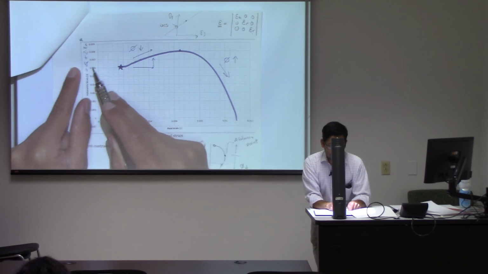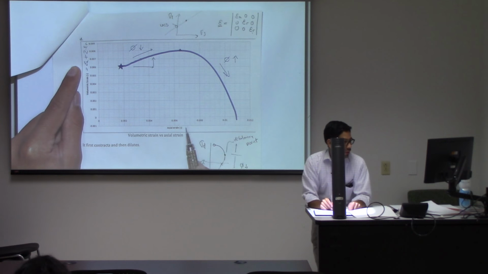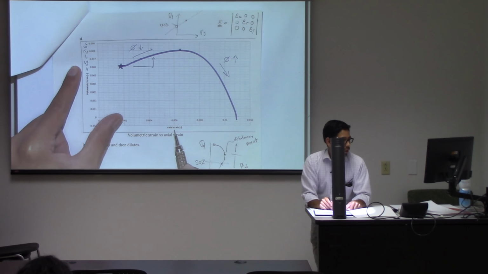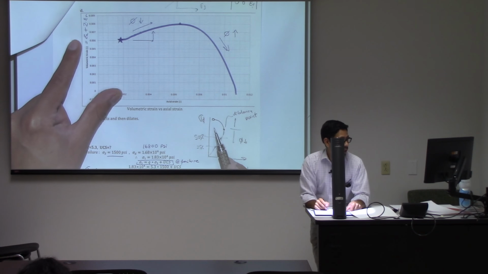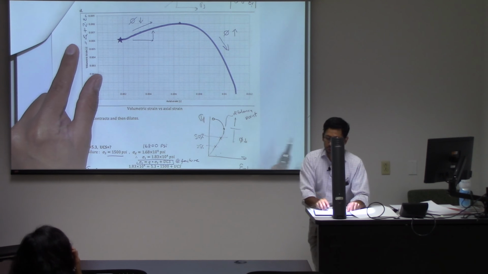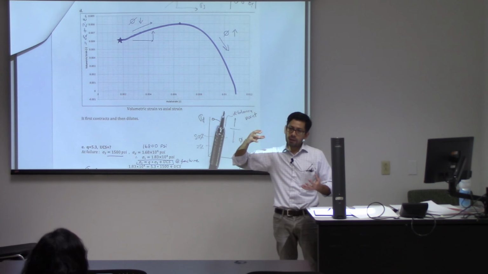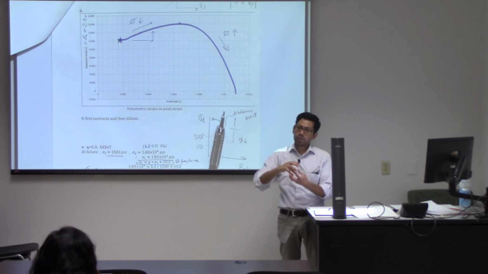When you plot the volumetric strain as a function of either the axial strain or, as in this case, the deviatoric strain, you will see that in many of these triaxial tests, when you start compressing the sample, the volume of the rock actually gets smaller.